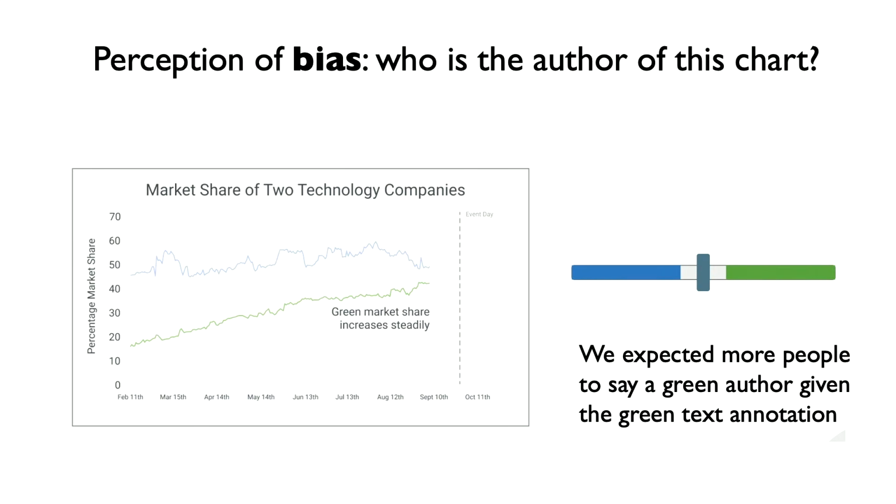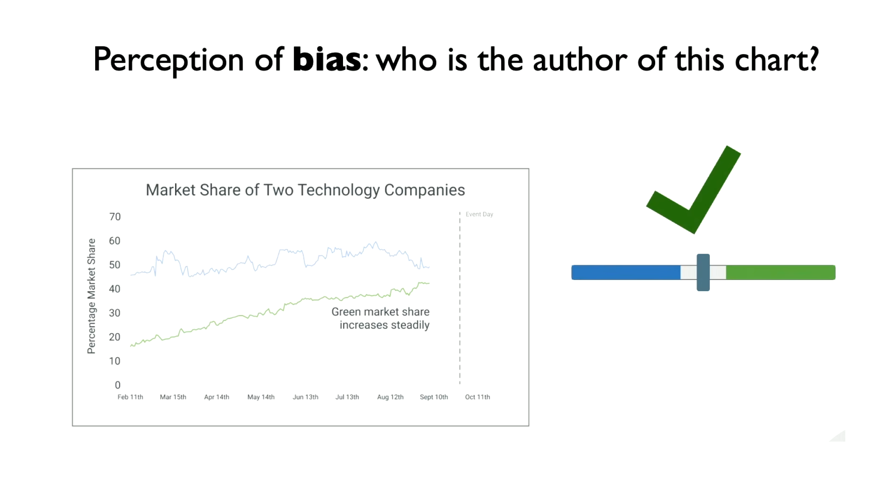So then we decided to ask about perception of bias. If we put this label, because the text must be doing something, right? If we put the text here, the green market share increased steadily, we expected people to say that maybe a green author wrote this and maybe they're biased towards green. And sure enough, we did find that was the case.